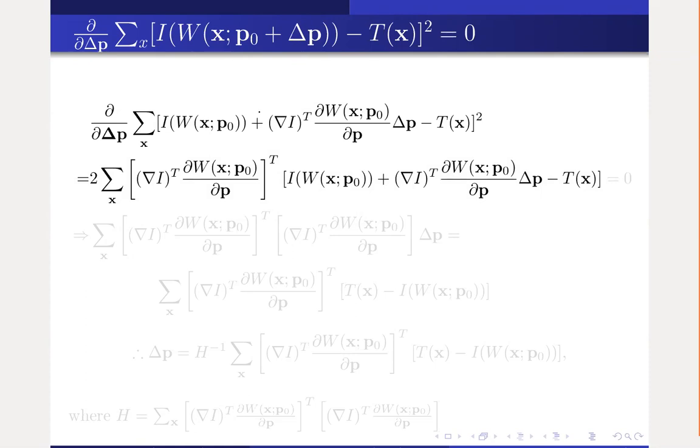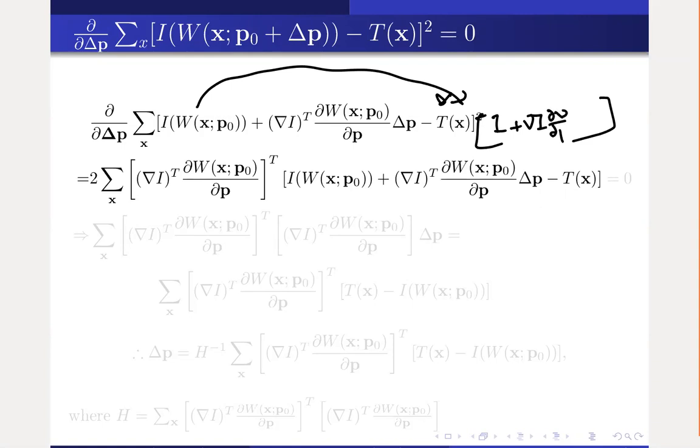But remember, this thing here is squared, so I can multiply by 2 again. So I have this delta I coming up here, multiplied by delta W, delta P, minus T. Actually, I don't need that.